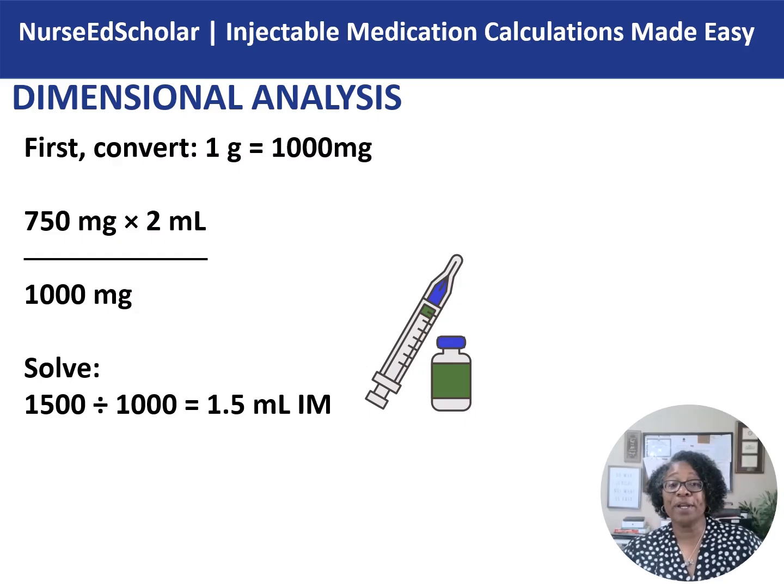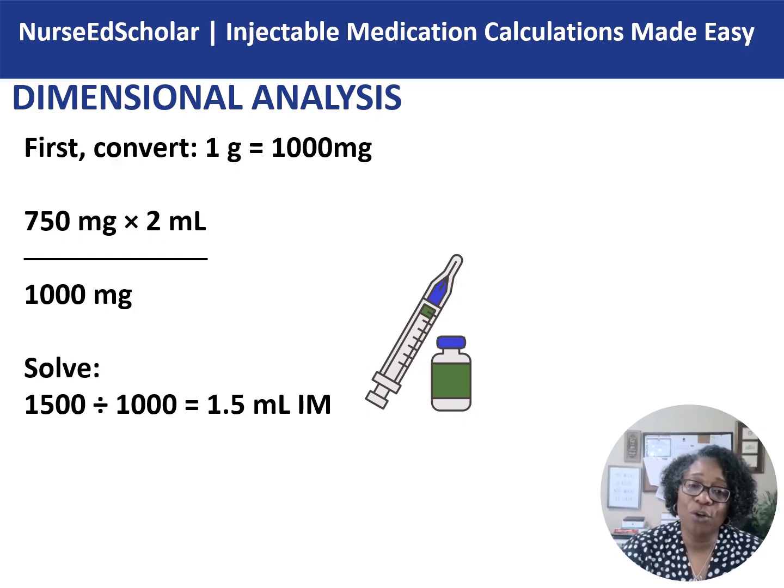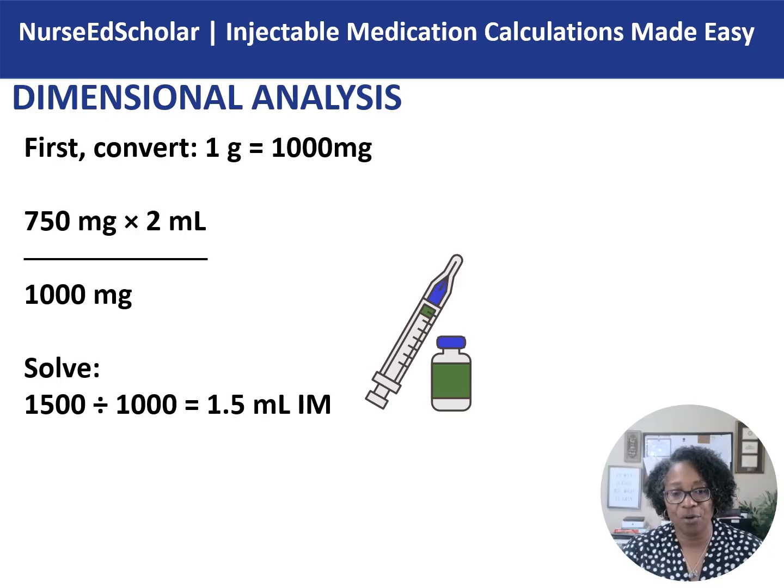So what do we do first? We convert that 1 gram into 1,000 milligrams, so now it's 1,000 milligrams per 2 milliliters. You take what is ordered, 750, divided by 1,000, the milligrams cross out, and multiply that by 2 milliliters. That gives you 1.5 milliliters IM.